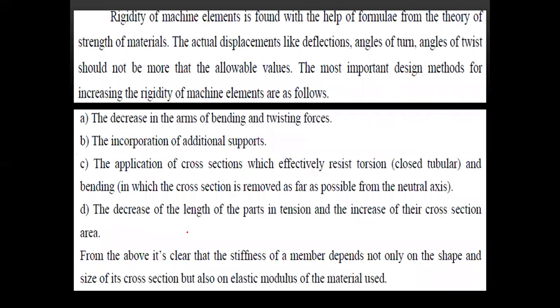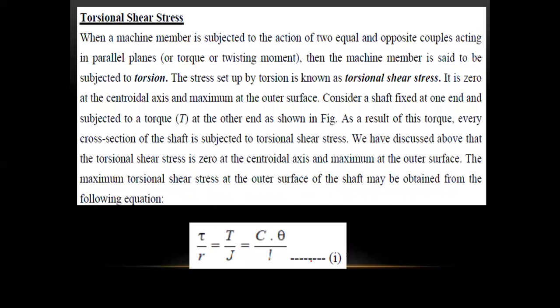The most important design methods for increasing the rigidity of machine elements are: decreasing the arms of bending and twisting forces, incorporating additional supports, applying suitable cross sections, and decreasing the length of the parts.